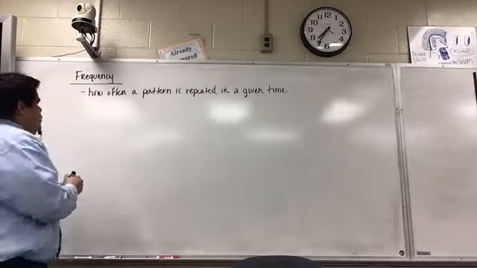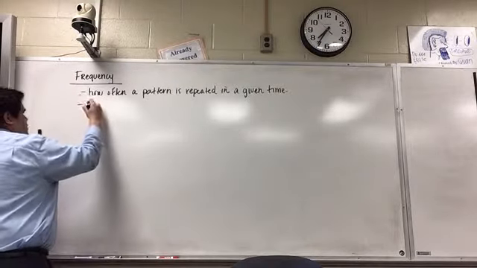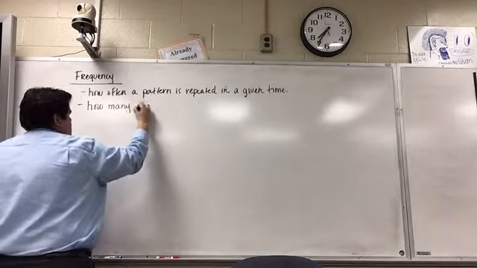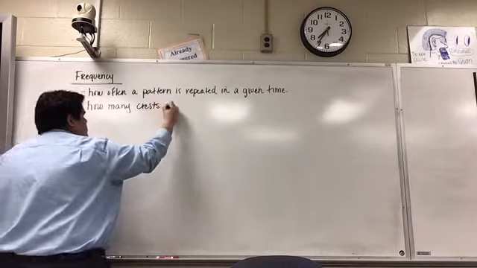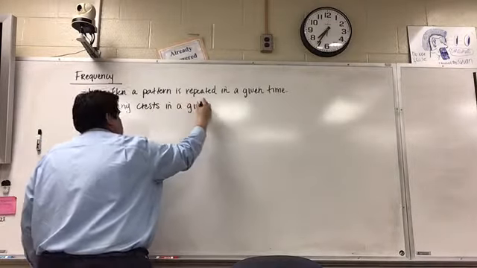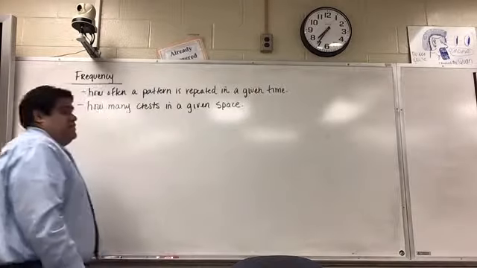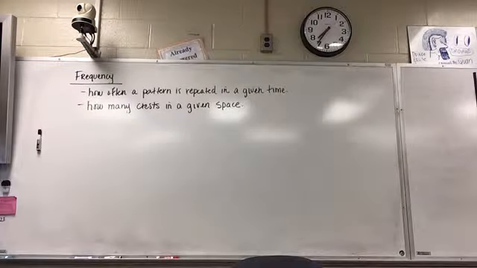So for our sake, frequency is how many crests in a given space. That space will usually represent the given amount of time. So what we are going to focus on specifically is crests.